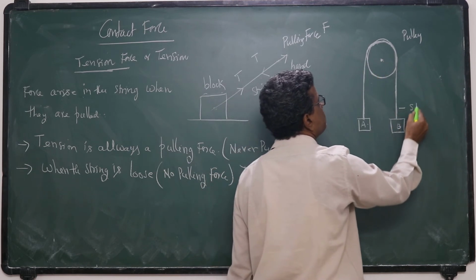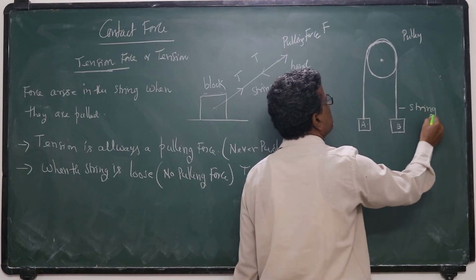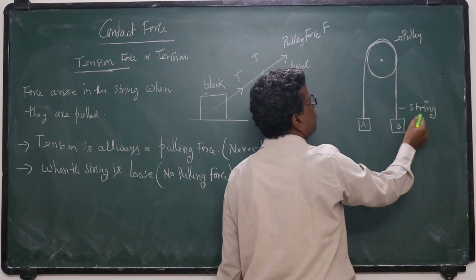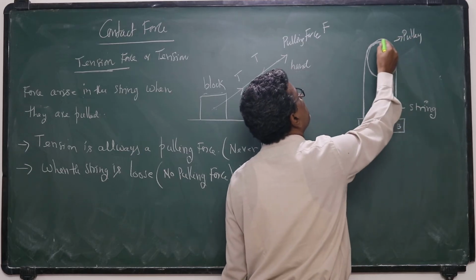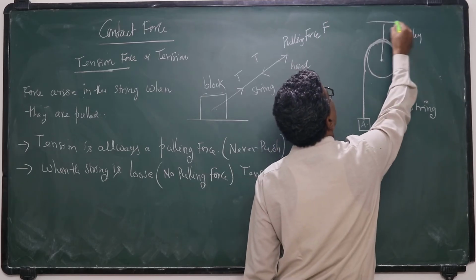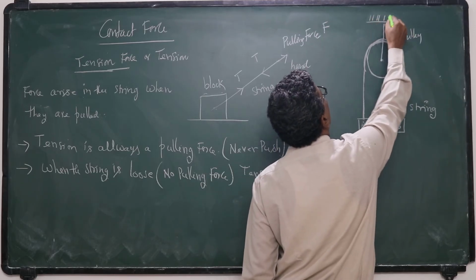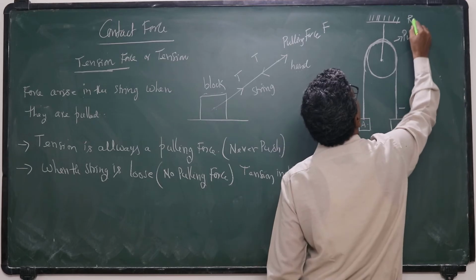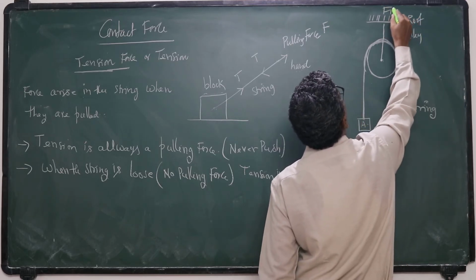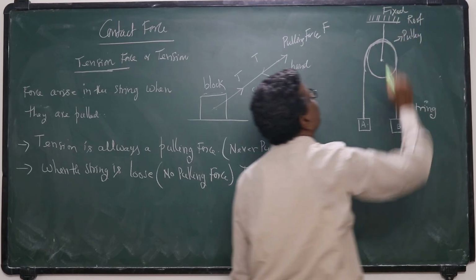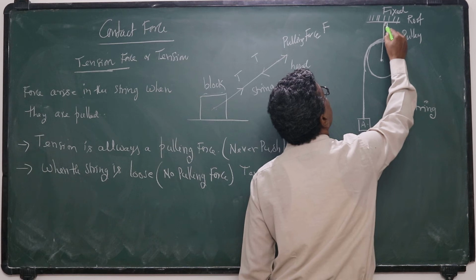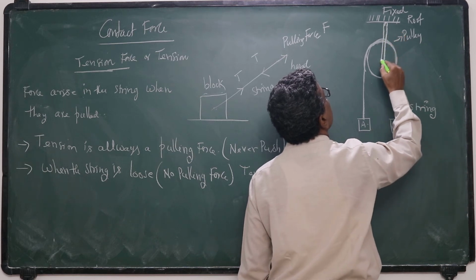This is the string. This is the pulley. That string is passed over the pulley. Let the pulley be fixed to the roof. What is this? Fixed roof. So that pulley is connected like this.